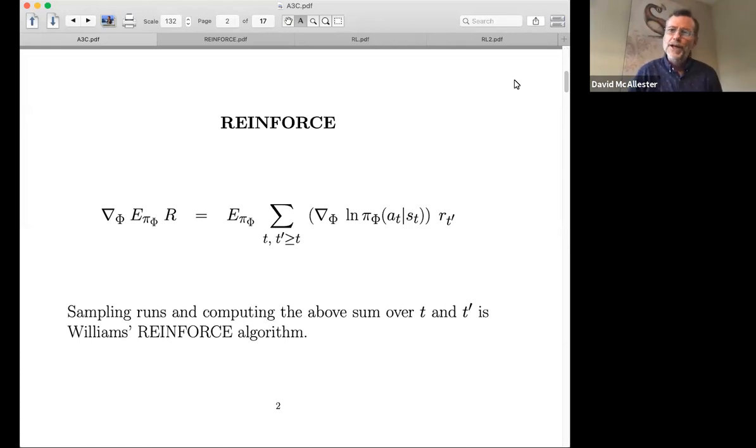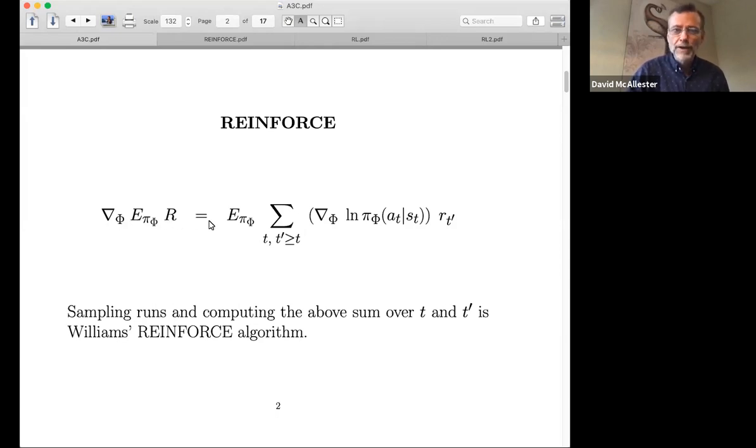The REINFORCE algorithm is a policy gradient algorithm, and the rest of this unit is going to continue to be about policy gradient. In policy gradient, our model is modeling the actual policy, and we're interested in optimizing the performance of the policy. So we're interested in the gradient of the reward with respect to the policy parameters.